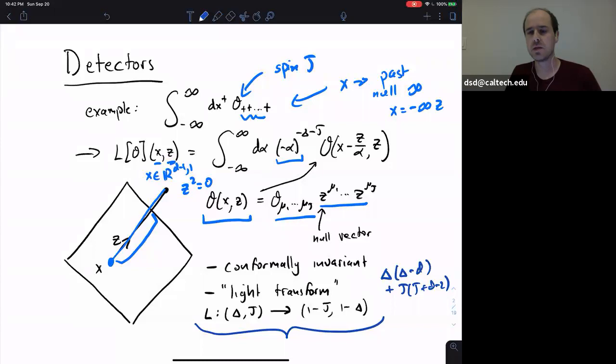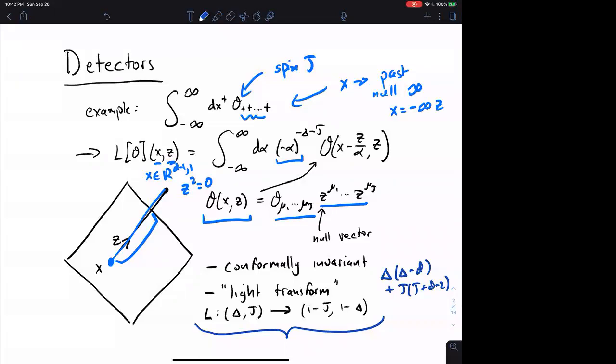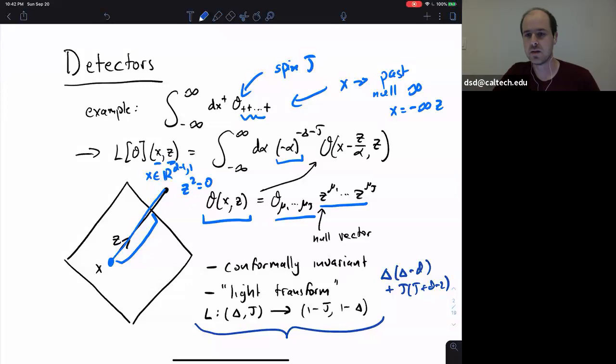The position x is still significant because of the way the integral is weighted. In other words, it doesn't just become a function of that closed contour. It also depends on the base point on the contour. The amount of data that it's labeled by is still x and z, a point in the null direction.